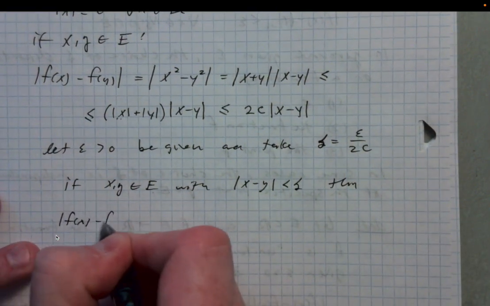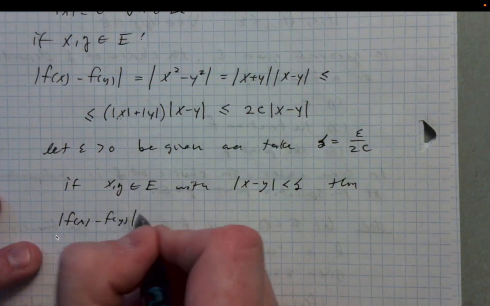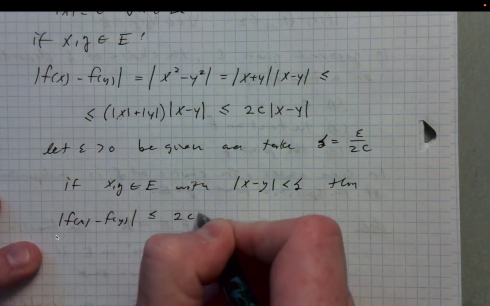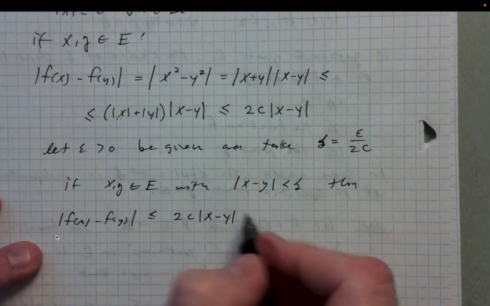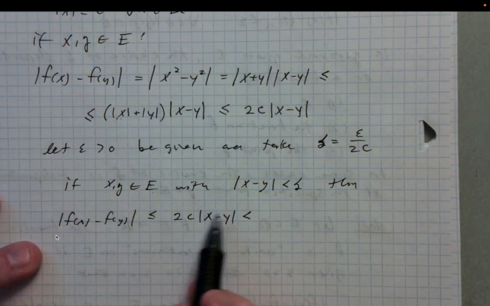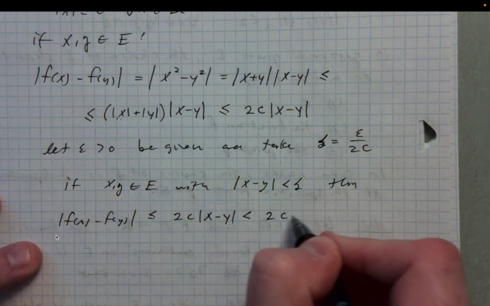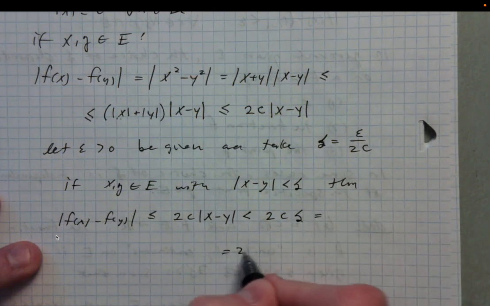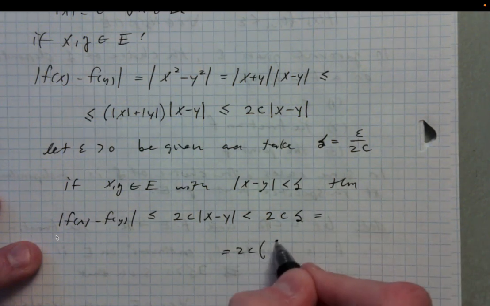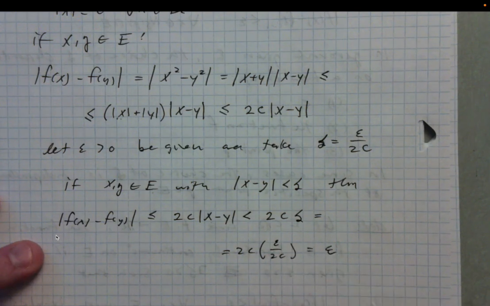The absolute value of f of x minus f of y is less than or equal to 2 times c times the absolute value of x minus y, which is less than 2 times c times delta by assumption, and so this is equal to 2 times c times epsilon over 2c, and of course that's equal to epsilon.